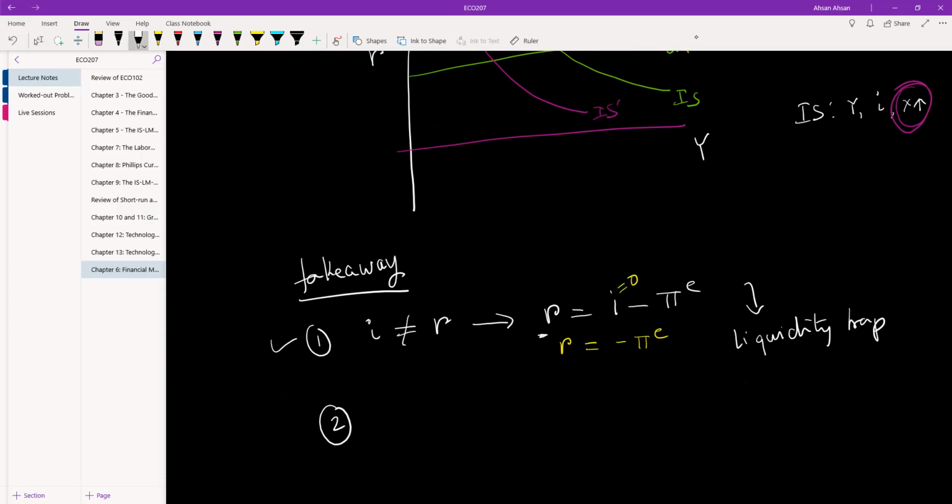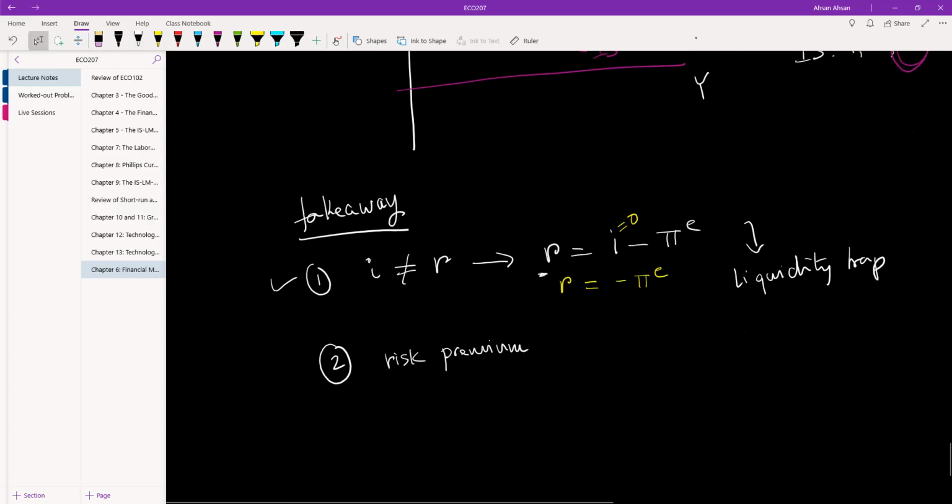The second takeaway is the risk premium. So we had assumed in chapter 5 that there are no risks, and when you borrow from someone, they're going to pay you back. But that's not always the case, and there is always a risk premium.